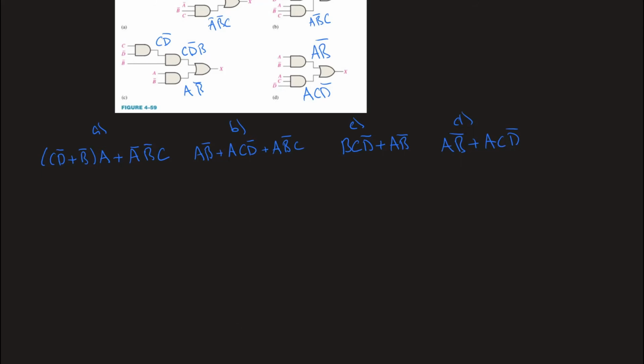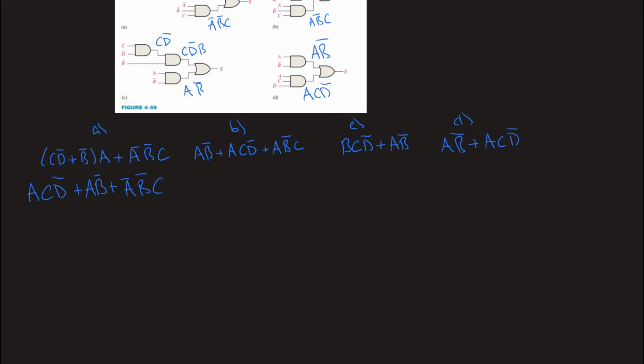So here I have A C D naught, or A B naught, or A naught B naught C. Is that the same as anything? What do you think? Here, this is already multiplied out, so we have... Yep, nope, not the same. So let's see what we can do with the second one.